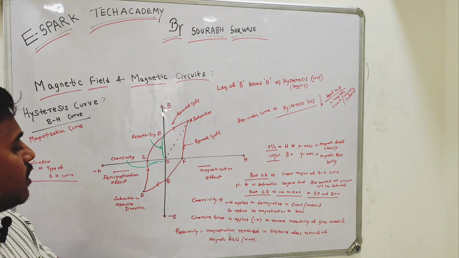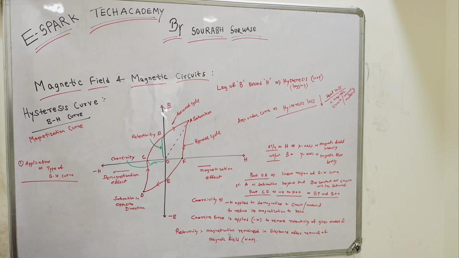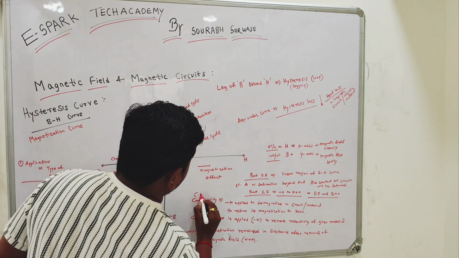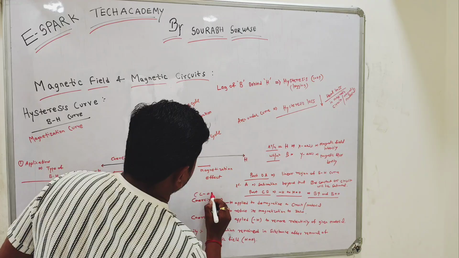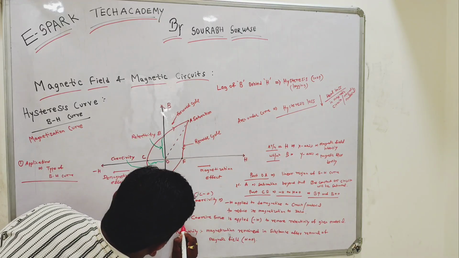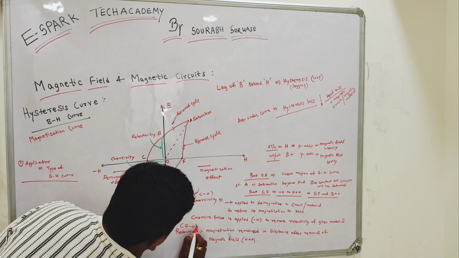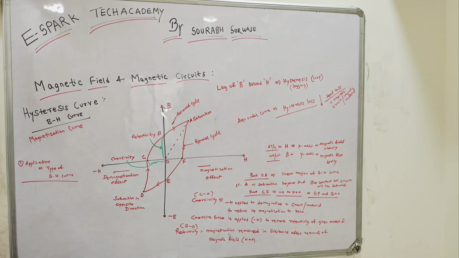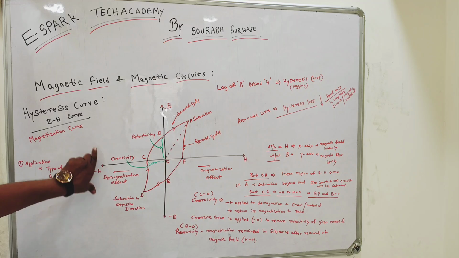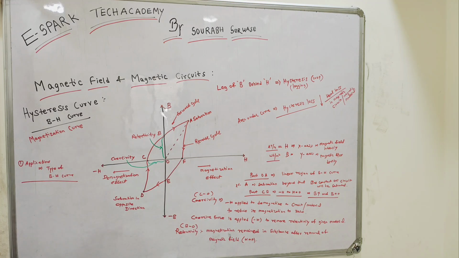This is the retentivity. The coercivity is shown for the OC part, and retentivity is shown for the OB part. You can also go through this diagram to understand this concept.